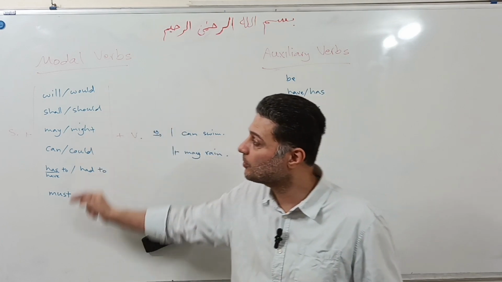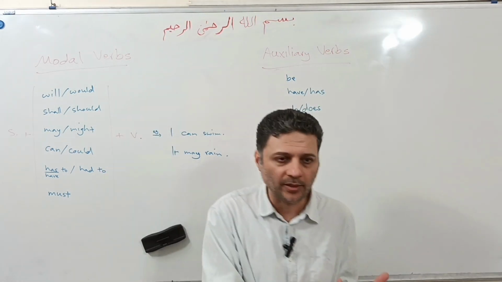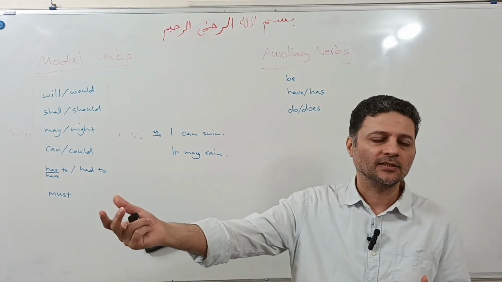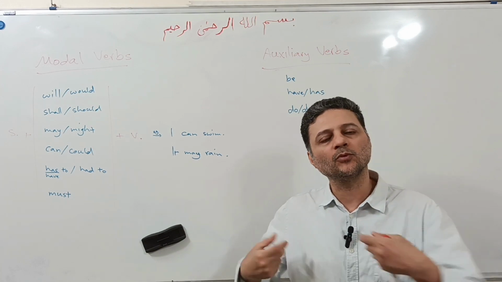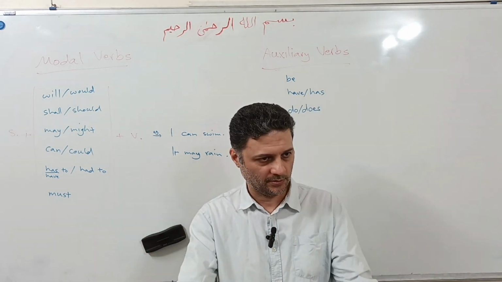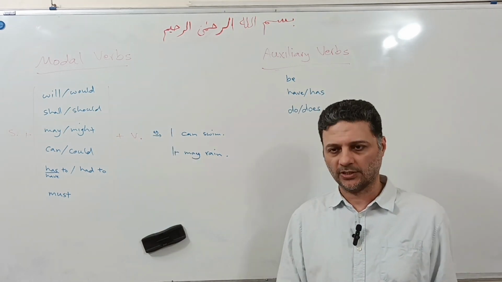So all of these modal verbs have a special meaning, and they help us in fact either understand our audience's speech or communicate our messages to other people. Okay? So they help us a lot in sentences and in conversations.